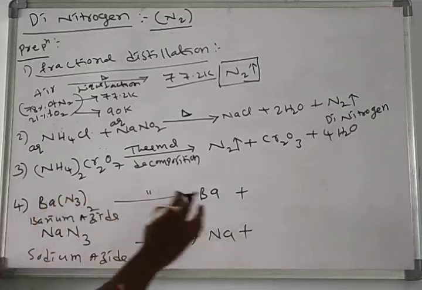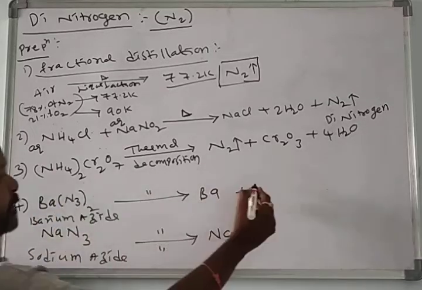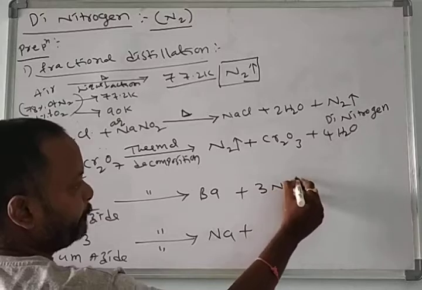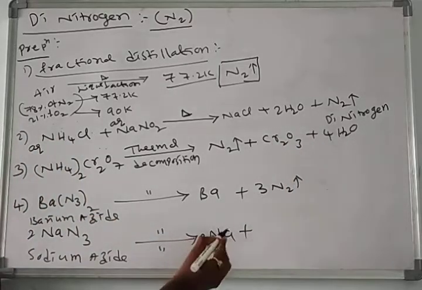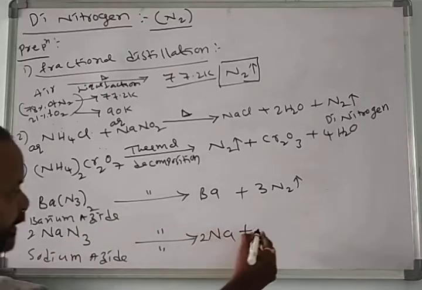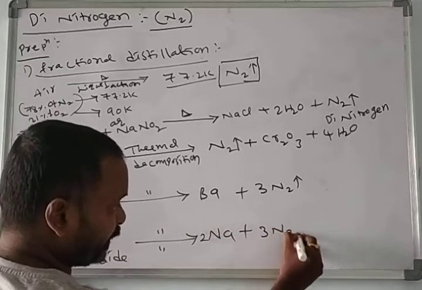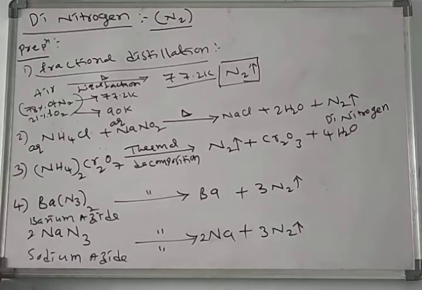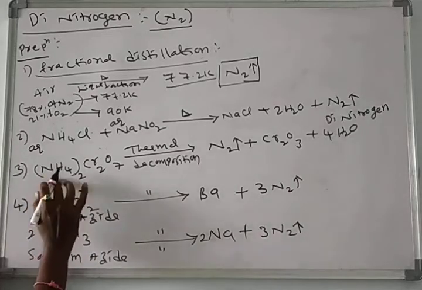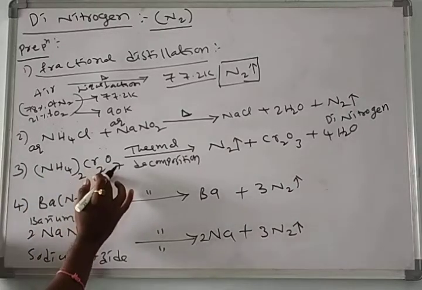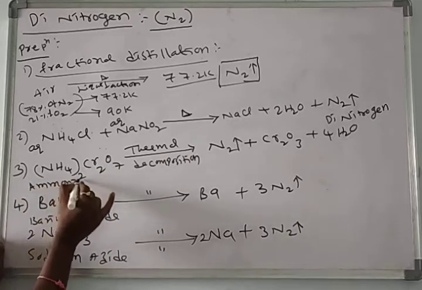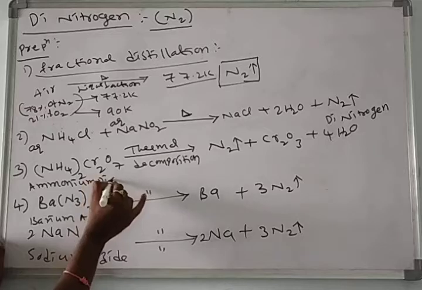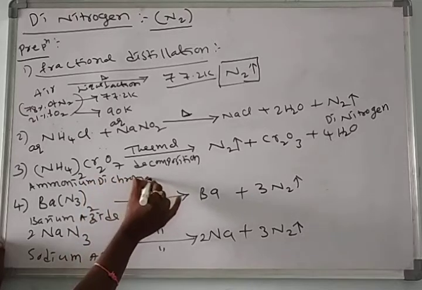Barium azide forms barium and 3 moles of dinitrogen evolved. Taking 2 moles of sodium azide, we get 2 moles of sodium and 3 moles of dinitrogen gas. The compound (NH4)2Cr2O7 is called ammonium dichromate.